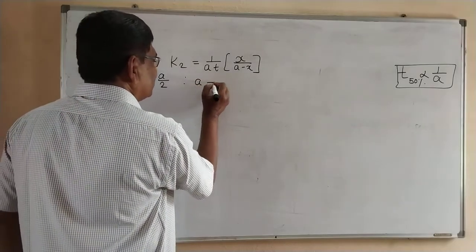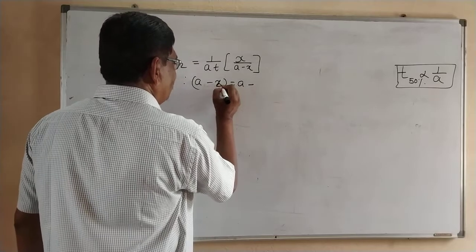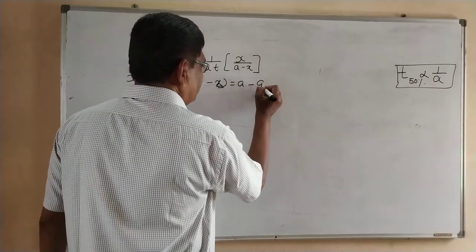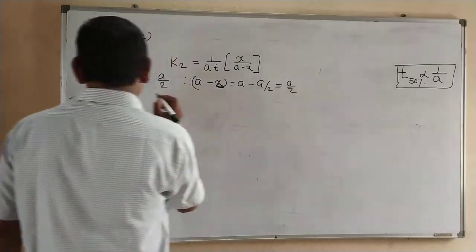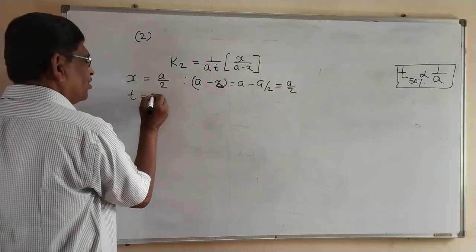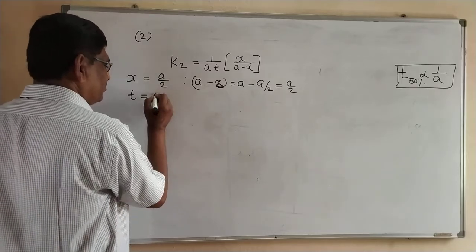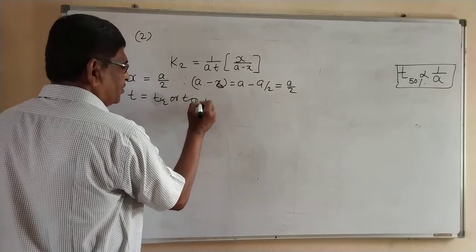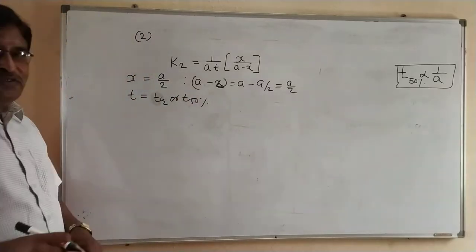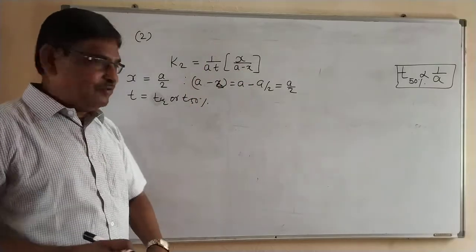What is A minus X? A minus X, the value of X is A by 2. Therefore it is A by 2. And T is equal to T1 half or T 50%. Now substitute all these values in this equation. What do we get?